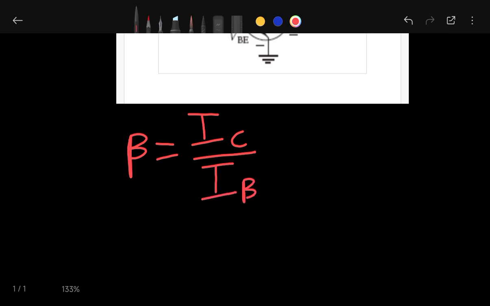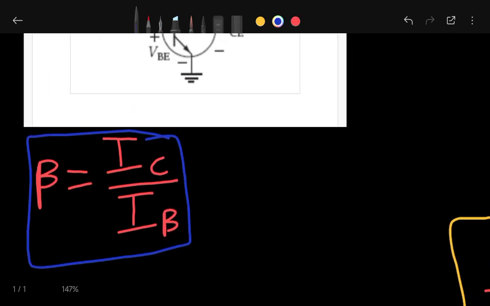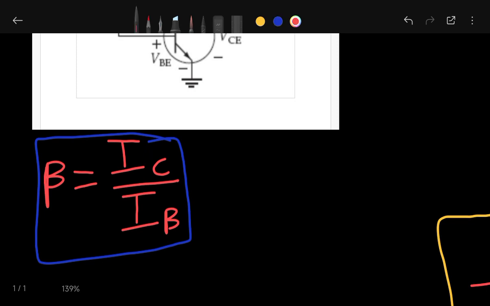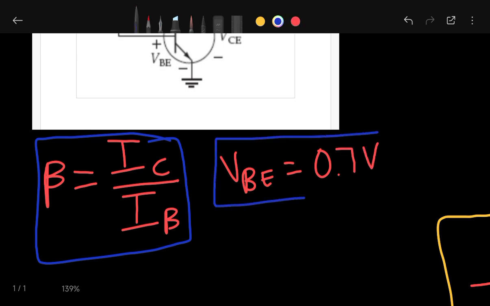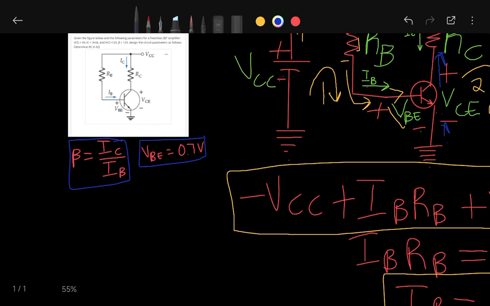You also should know that if they didn't give you the value of VBE, VBE equals 0.7 volts. These two you can cram, but the other ones you don't have to.